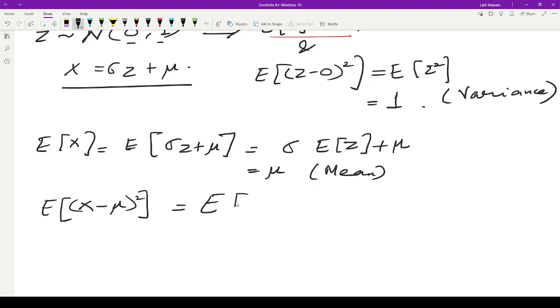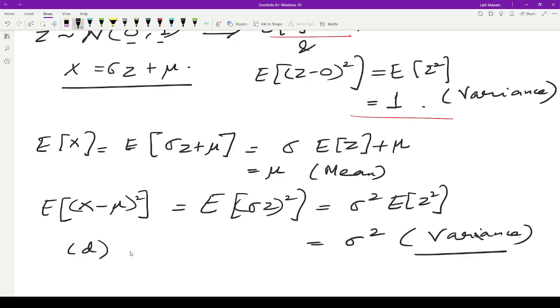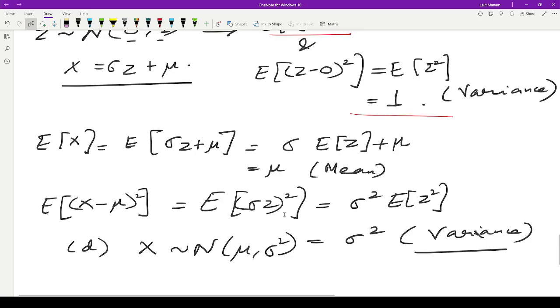So we write the expectation of sigma z whole square, which is sigma square times expectation of z square, and from here we see that expectation of z square is 1, which gives us the variance of x is sigma square. So our answer is D. That means x can be written as a normal variable with mean mu and variance sigma square.